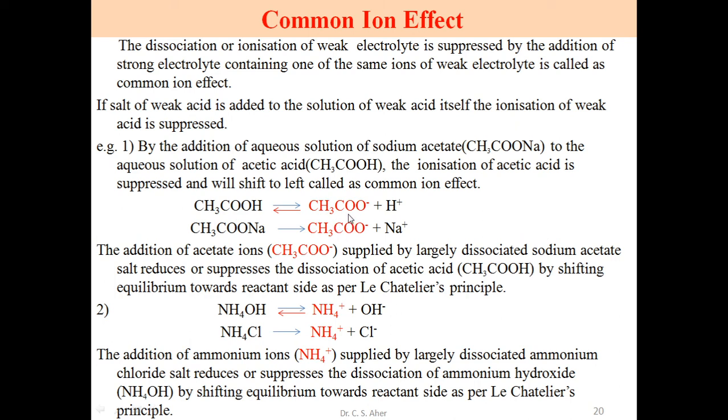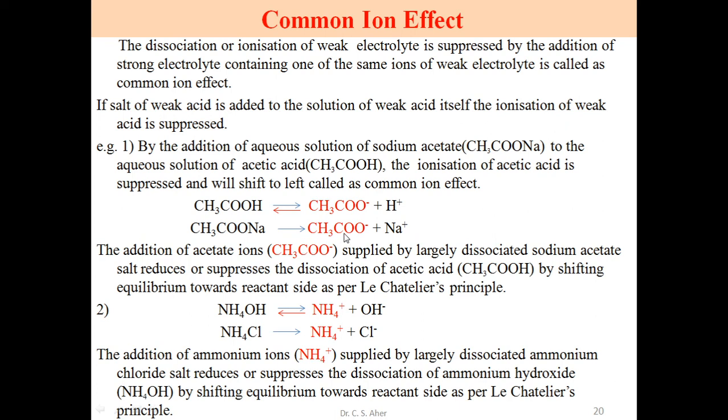Due to this higher acetate concentration, to balance the equilibrium, the acetate ion combines with H plus and the reaction goes to the left side, or reverse direction, to form acetic acid, and thus the dissociation of acetic acid is suppressed, decreased, by addition of this strong electrolyte.